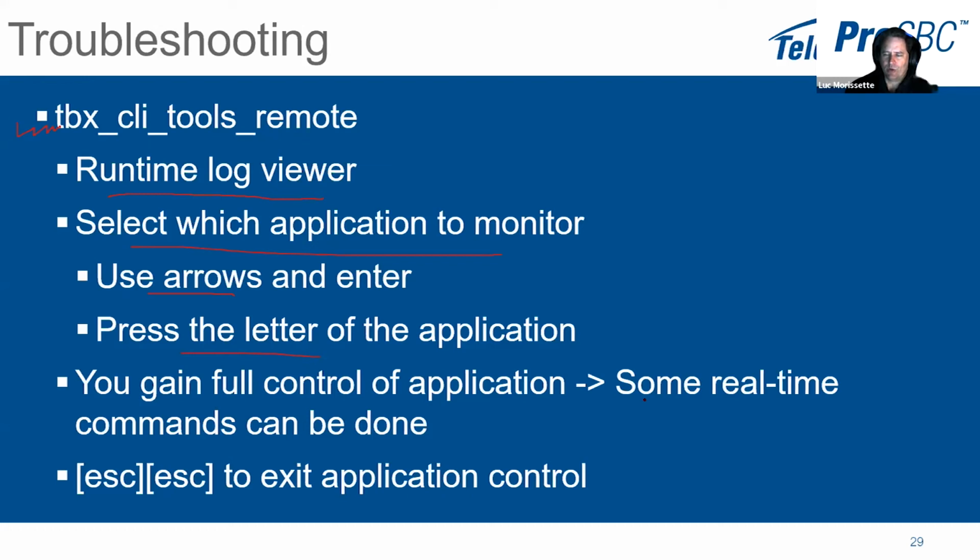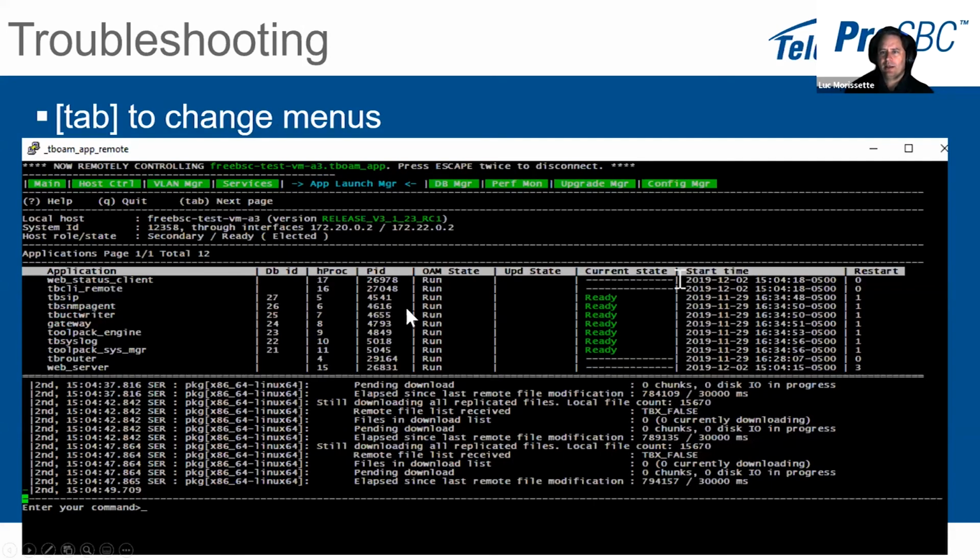You can do some real-time commands on the applications, but you also have to be careful because you have full control of that. To exit the application, you have to press escape twice. And you see here it says at the top, press escape twice to disconnect from this application.